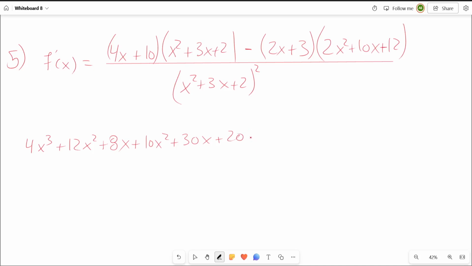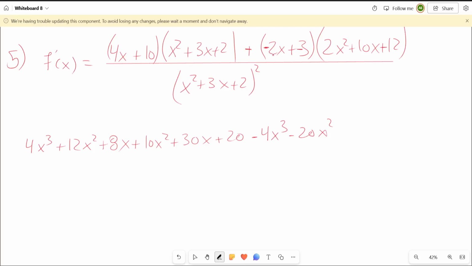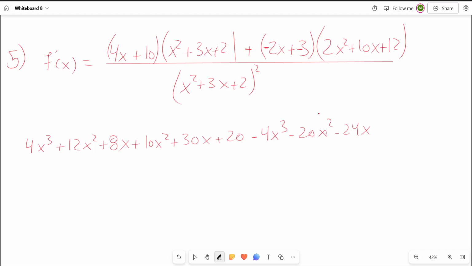And then I'll have, okay, let me multiply this minus inside over here. So this is going to be plus, and this is going to be minus and minus. So I'm going to have minus 2x times 2x squared is going to be minus 4x cubed. Minus 2x times 10x is minus 20x squared. Minus 2x times 12 is minus 24x.